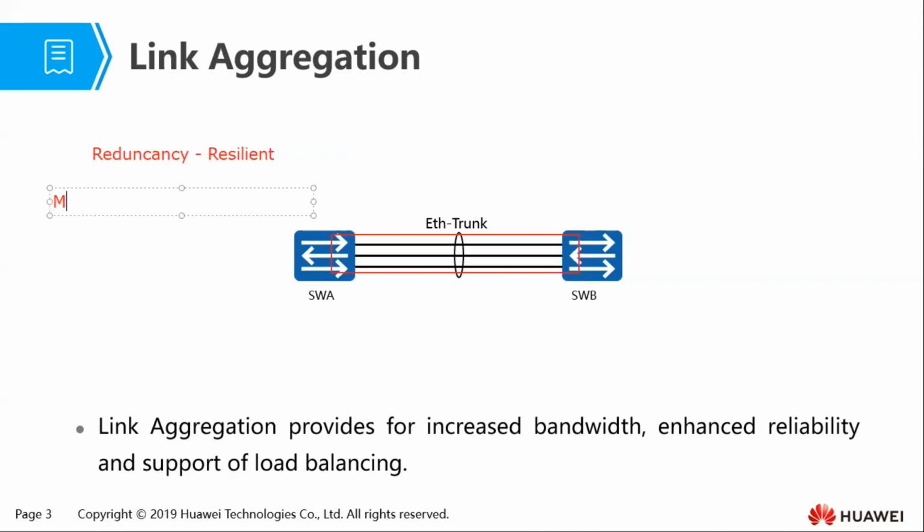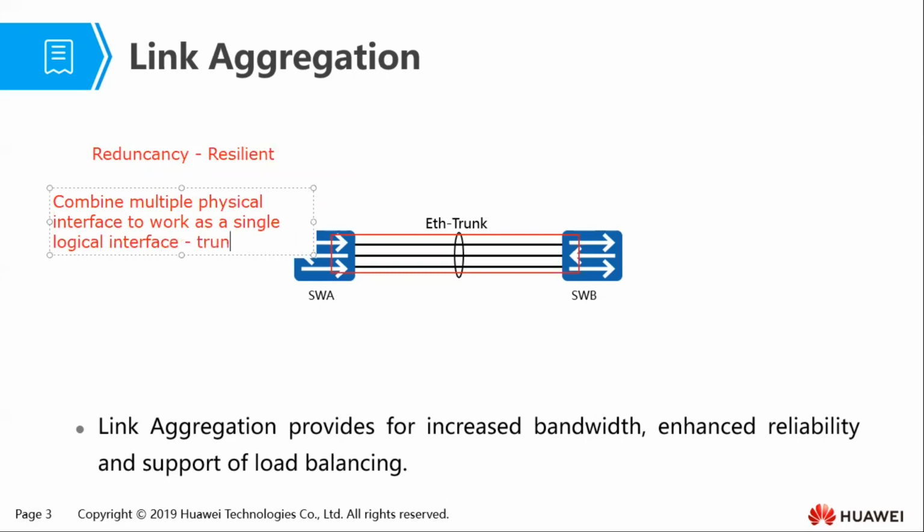So we combine multiple physical interfaces to work as a single logical interface. That is what we call a trunk link, or sometimes you call it an Ethernet trunk, or simply an ETH trunk.